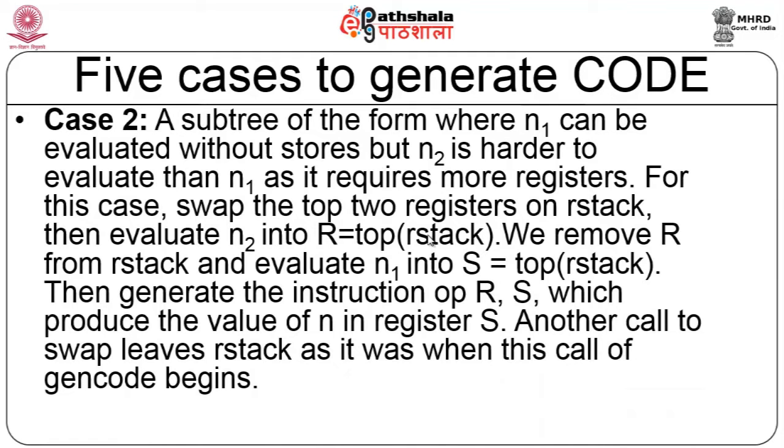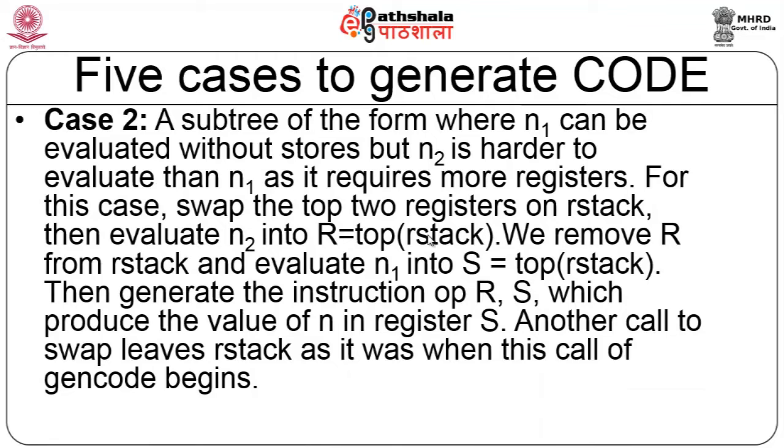And the third case is case 2, where you have a subtree of the form where n1 can be evaluated without stores, but n2 is harder to evaluate than n1 as it requires more registers. Here n1 is the left child of a particular interior node and n2 is the right child.